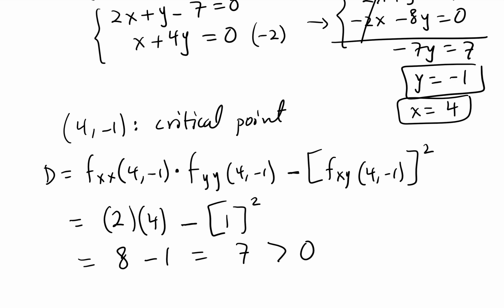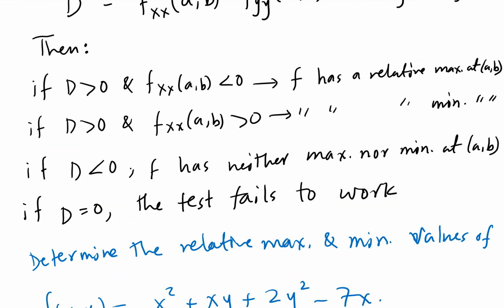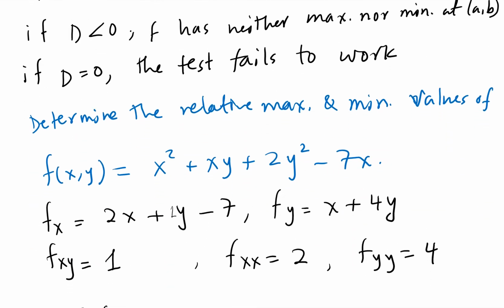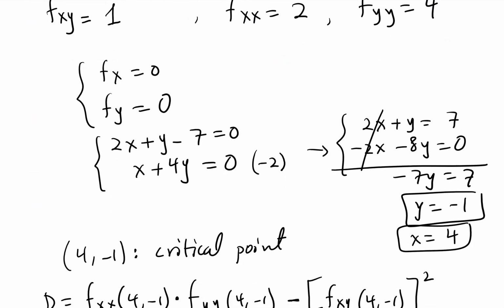So let's go back up. It says if D is bigger than 0, we need to look at f sub xx. f sub xx is 2. It's already bigger than 0.